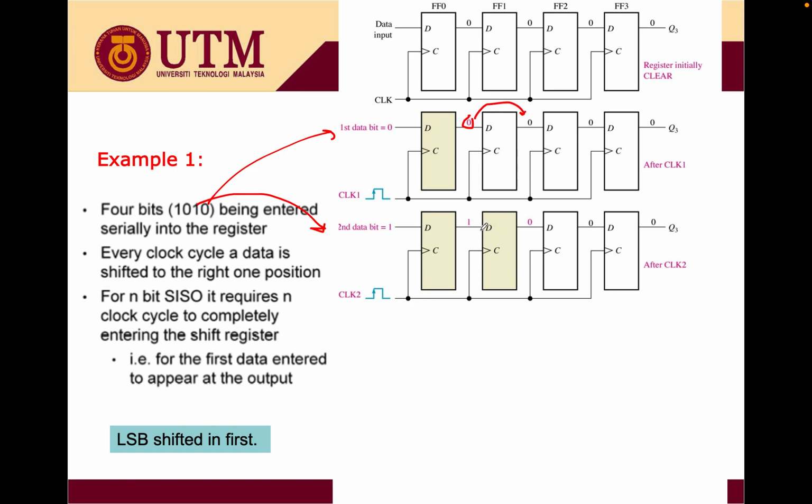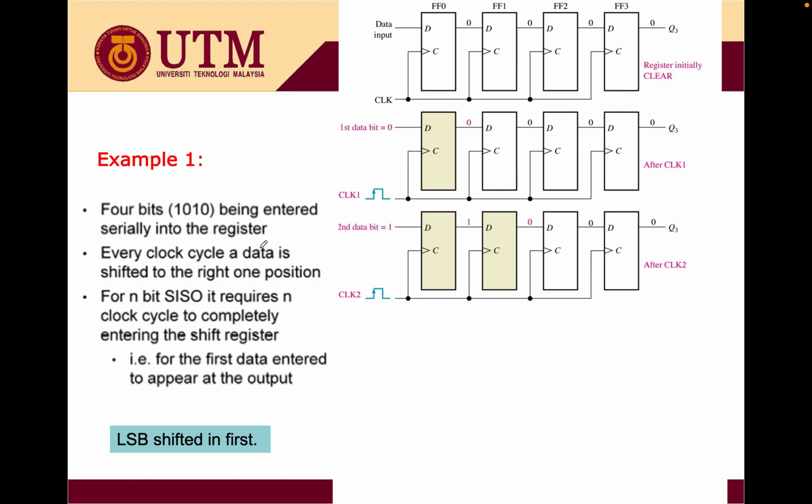So you can see here, it already shifted to this. Then this is a new output for your flip-flop 0. So you have 0, 1.